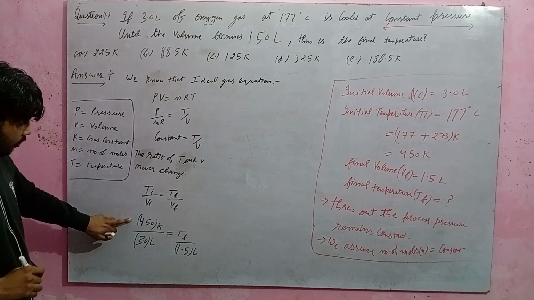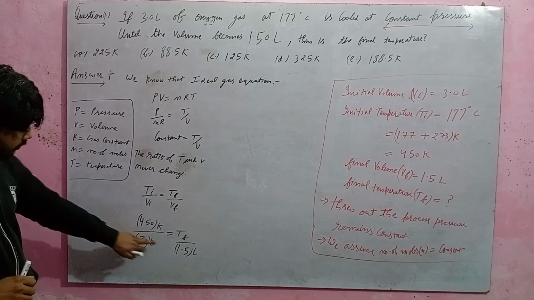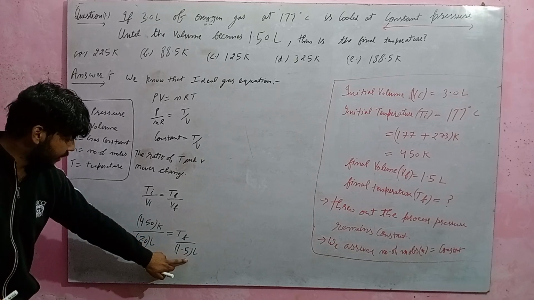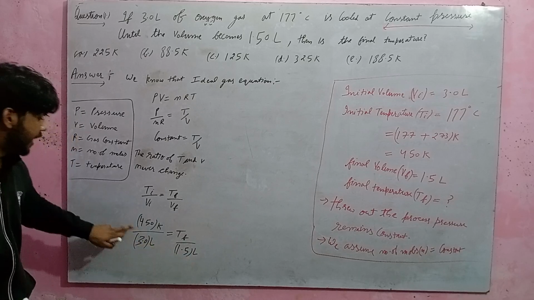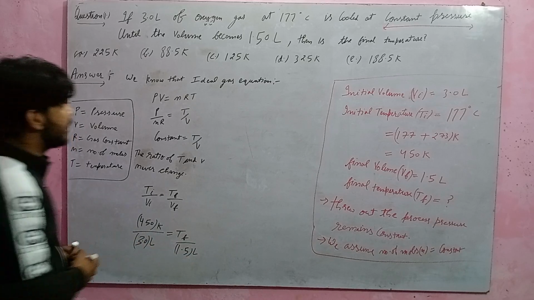Now take 1.5 liter and move it to the other side after cross multiplication.